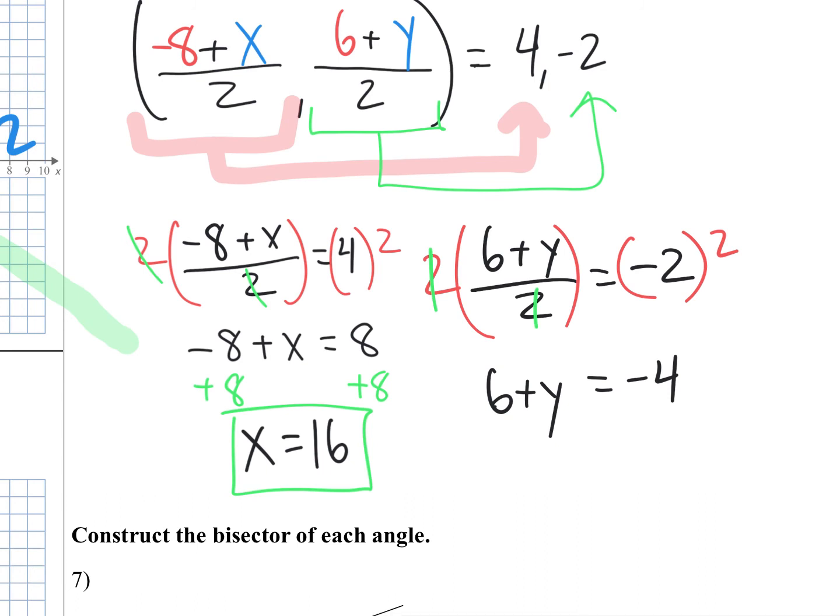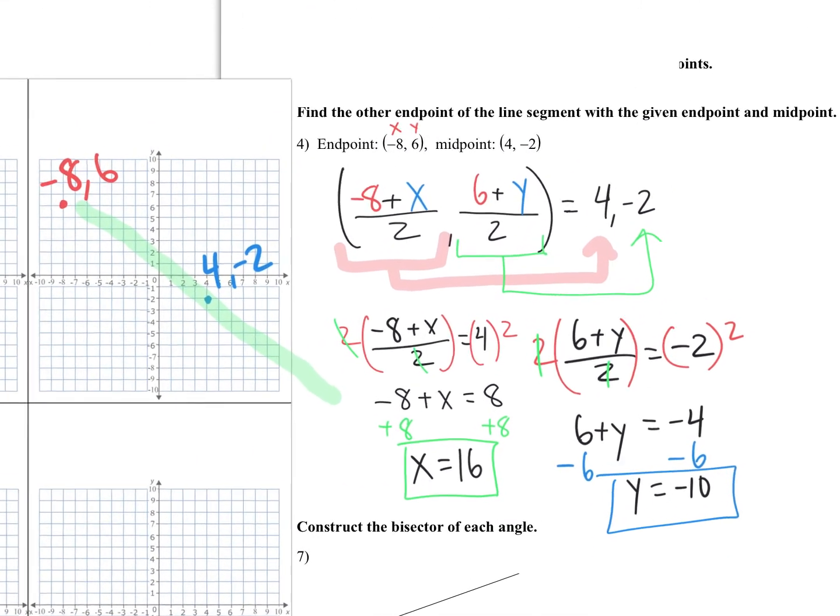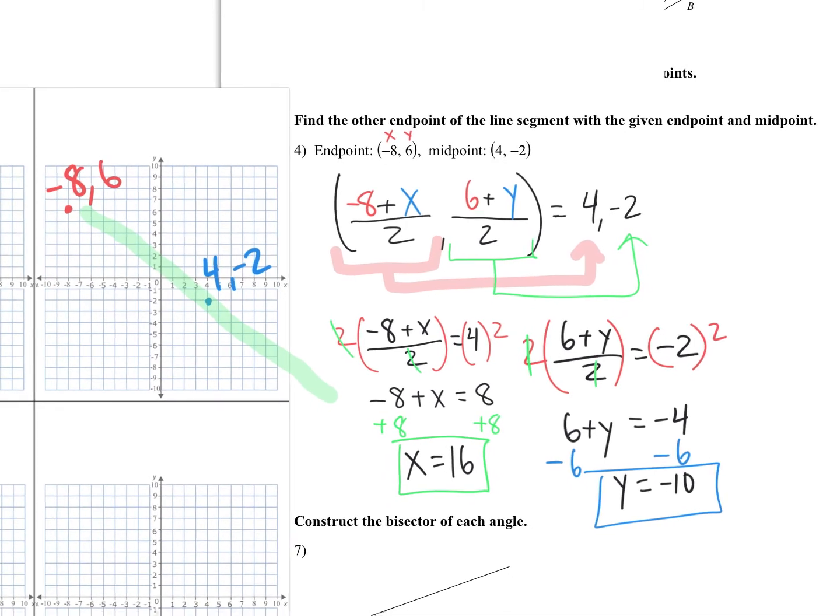All right, and we're going to want to subtract 6 from one side, and if we do it to one side, we got to do it to the other. And so y equals negative 10. Whoa, all right, and so let's take a look at this. We just figured out what the other endpoint is, and the other endpoint is 16 comma negative 10, which is about right there. That, ladies and gentlemen, is our answer.